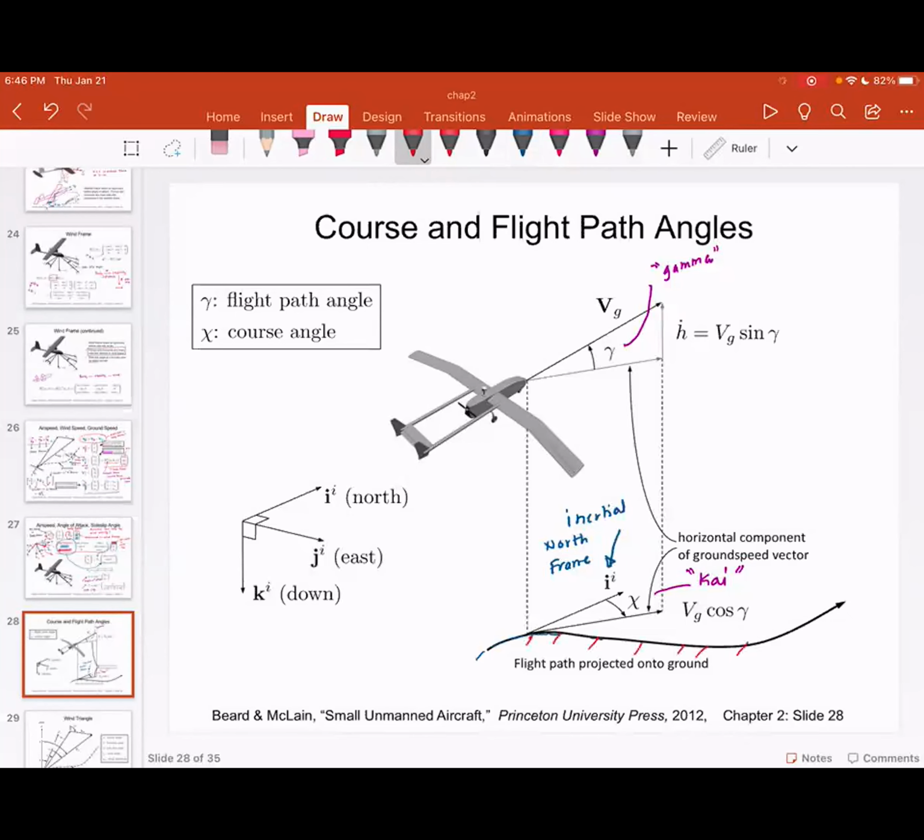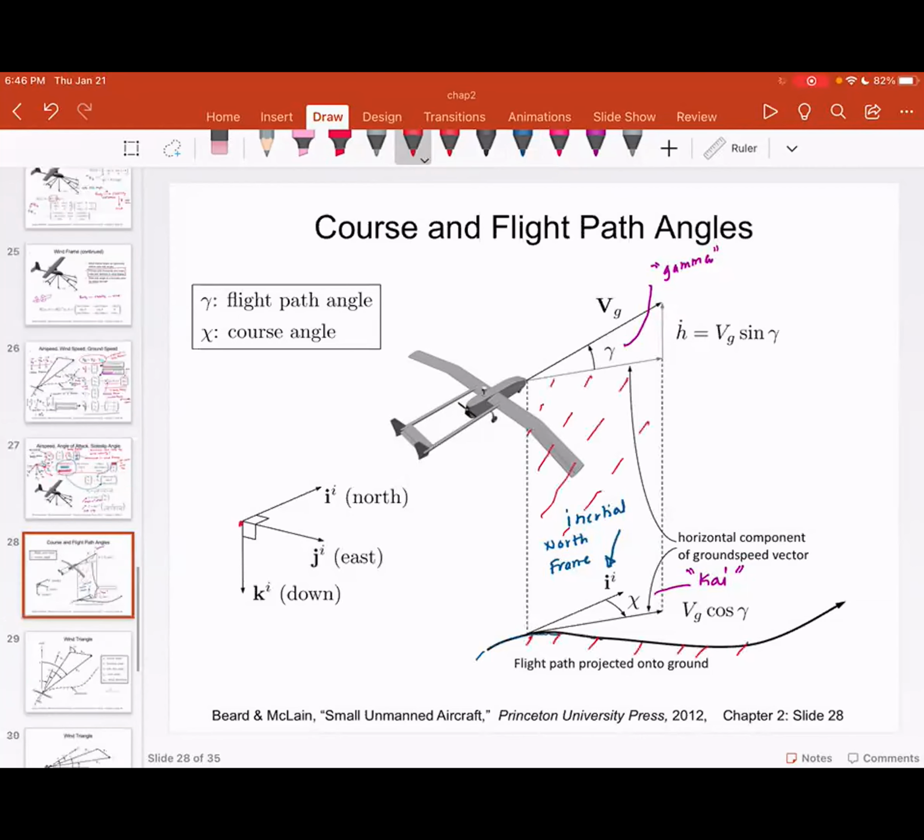Aircraft will have its own roll, pitch, and yaw, and I'm going to express those with respect to the inertial frame. But when I look at the directions and the projection in the plane, I see that there are two angles. One is chi and the other one is gamma.